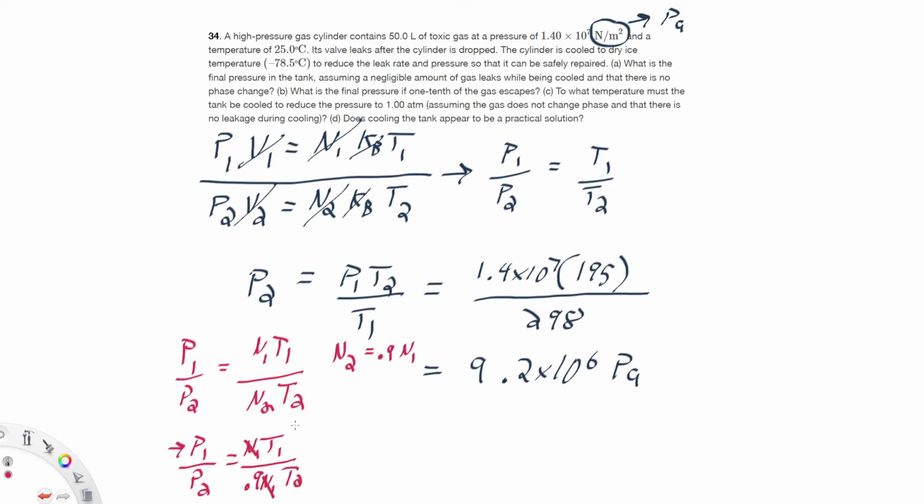Now the N1 cancels, and we get P2 equals 0.9 P1 T2 over T1. So now we've only got, what, 80 atmospheres of pressure.